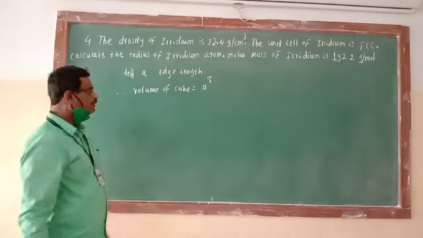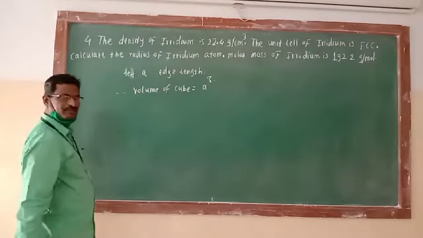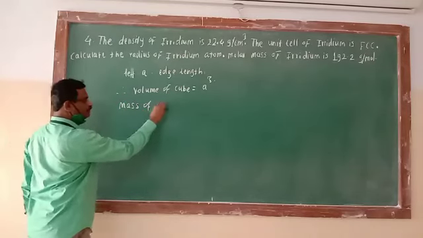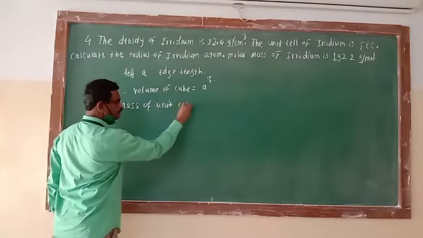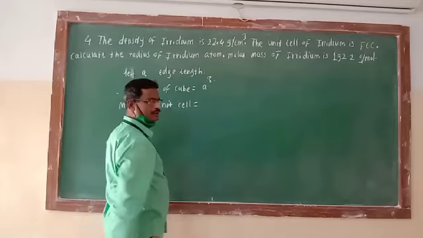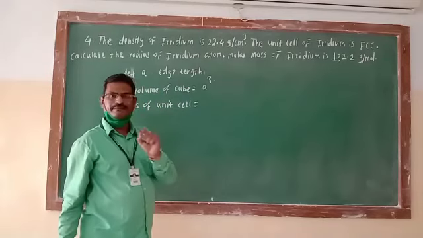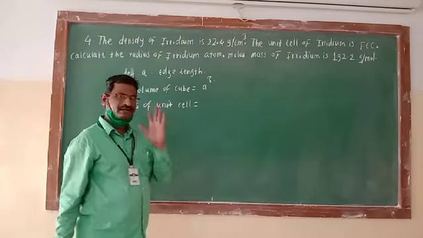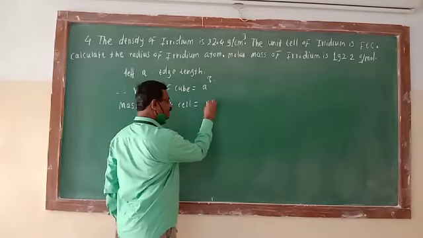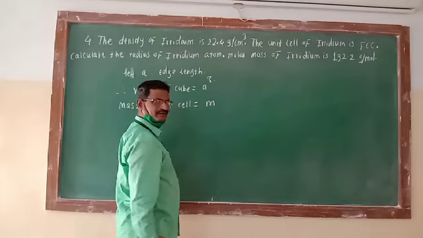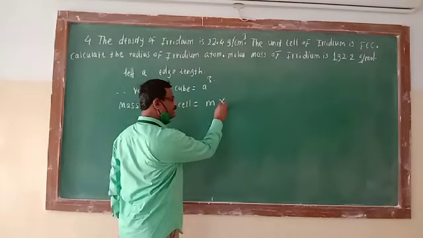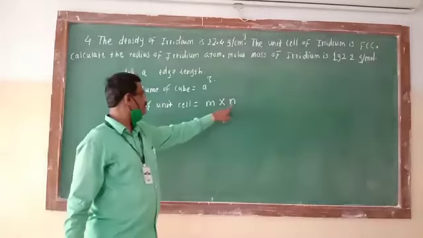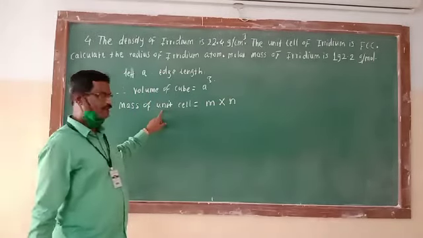Further, we have to calculate the mass of unit cell. Mass of unit cell will be equal to mass of one particle multiplied by the number of particles. So let m be the mass of one particle, multiplied by n, the number of particles present in that unit cell.